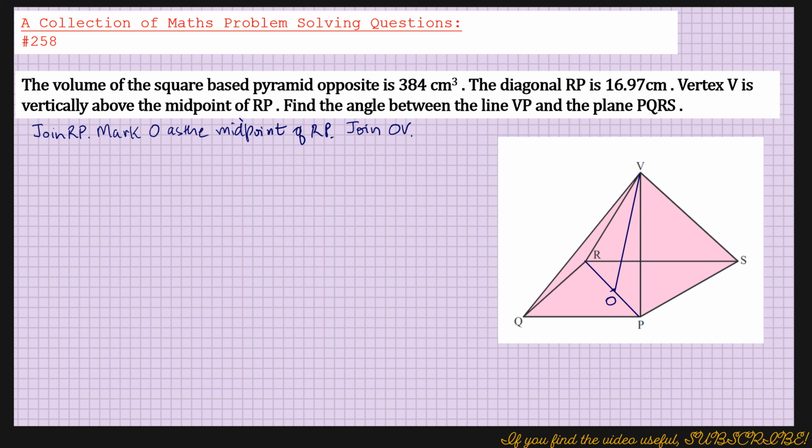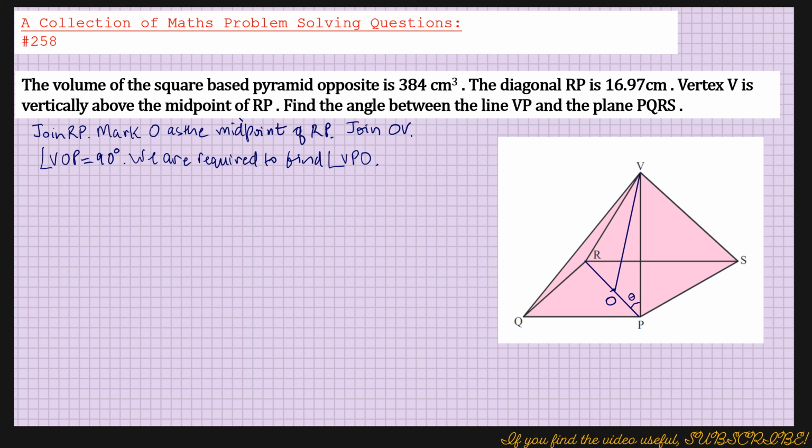When we do that, the angle VOP would be 90 degrees, and we are required to find theta, which is angle VPO. This is what the question is asking us to do.